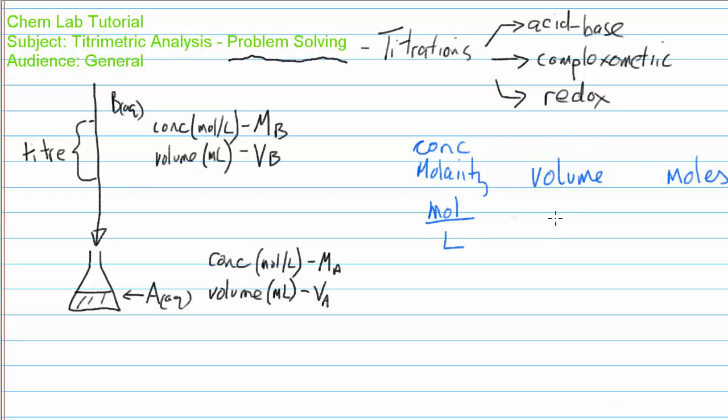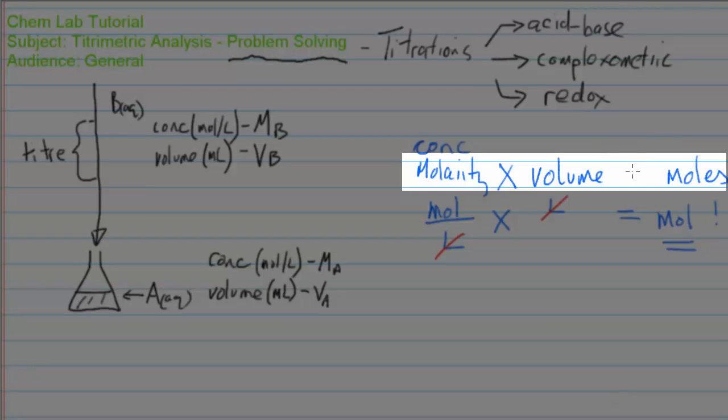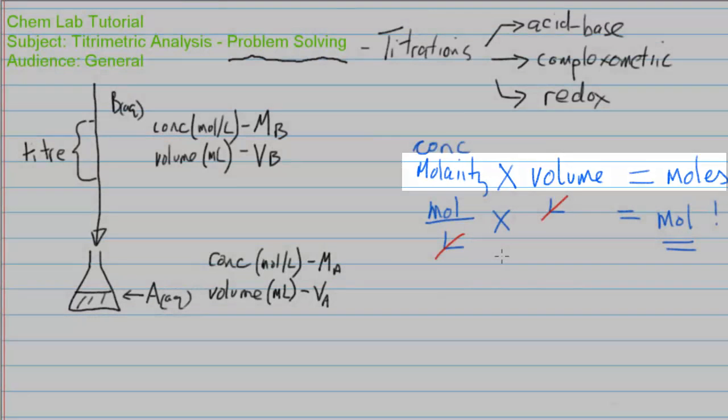Units of volume are litres. And if we multiply molarity by volume, we are in fact multiplying moles per litre by litres, and the litres will cancel, and that will give us moles. So, molarity times volume equals moles. We must remember that. Molarity times volume equals moles.